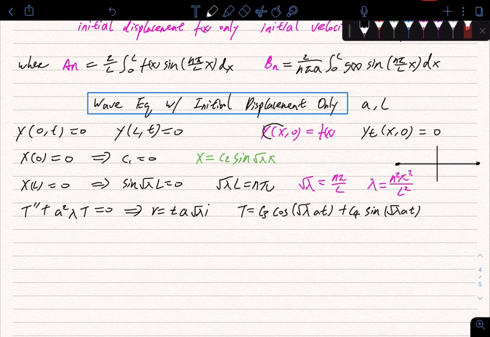Actually, not this boundary condition. Instead of this boundary condition. So if we differentiate this t, cosine becomes sine, sine becomes cosine, because y_t at x and 0 equals 0.